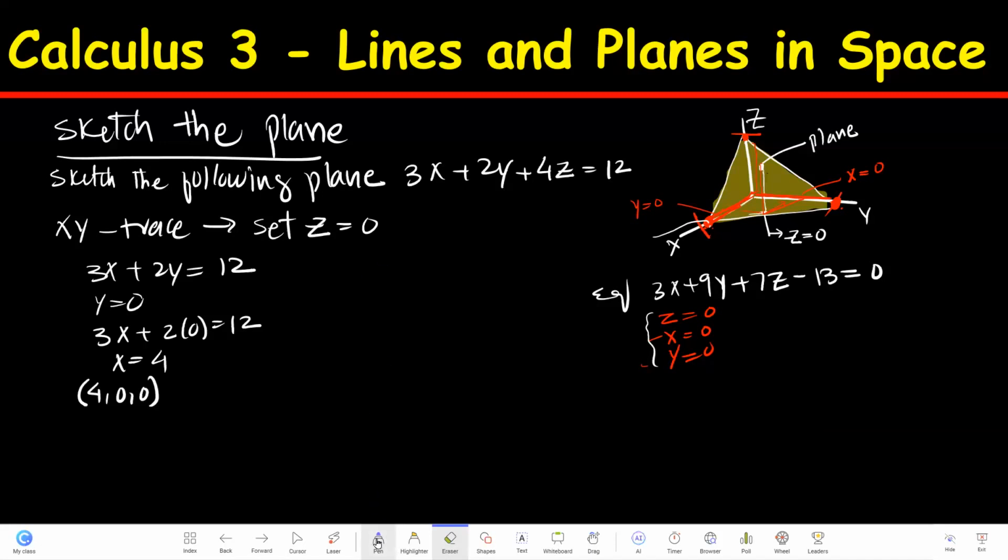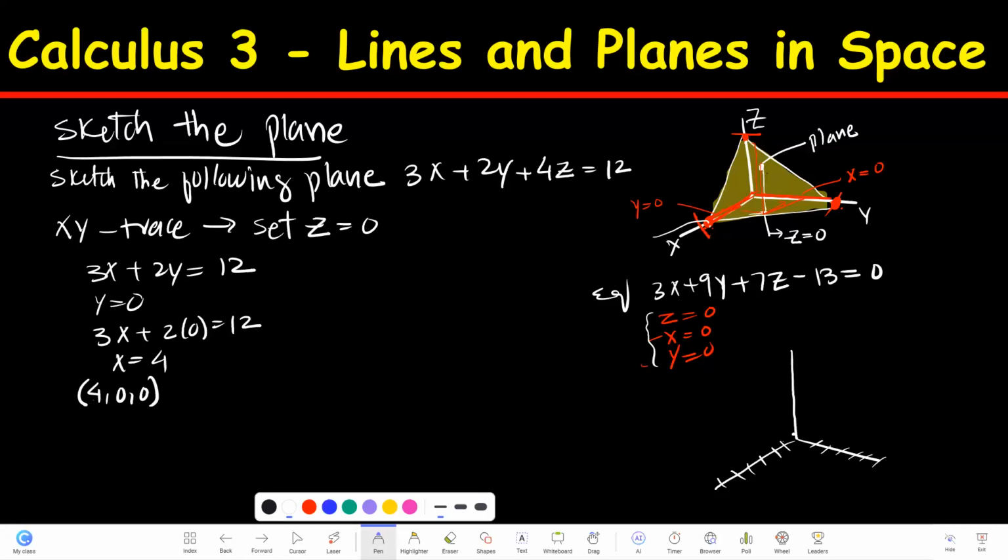I don't know what it looks like, so I'm going to draw it like this. It goes to 4, so 1, 2, 3, 4, and on the other axis 1, 2, 3, 4, 5, 6. If I want to go negative, I can if I have to. I don't know yet, to be honest.